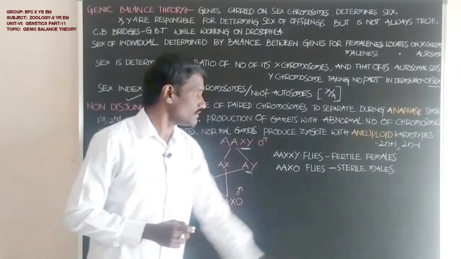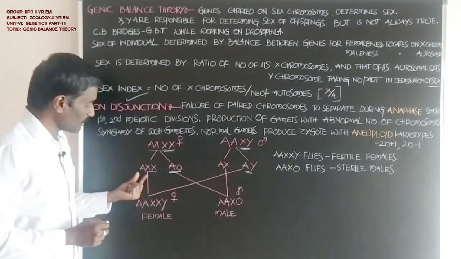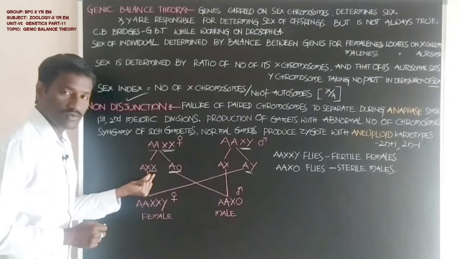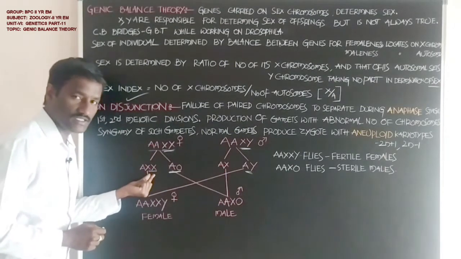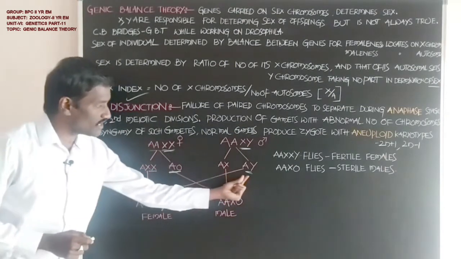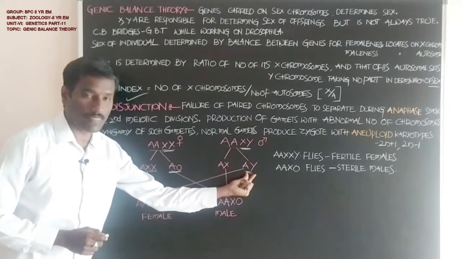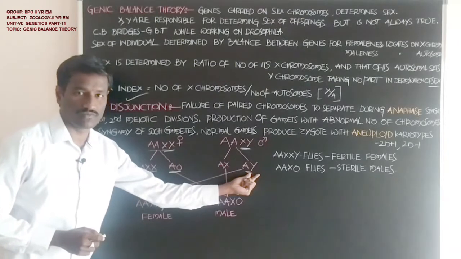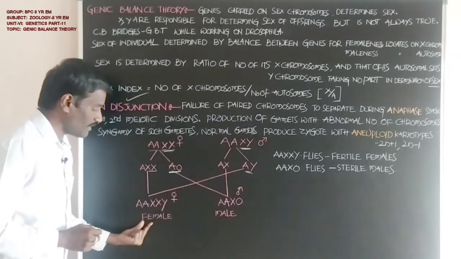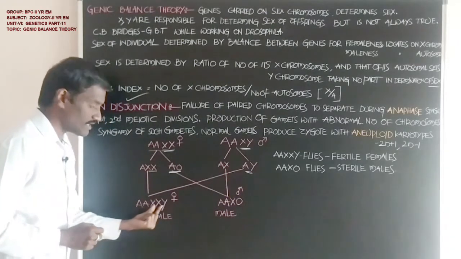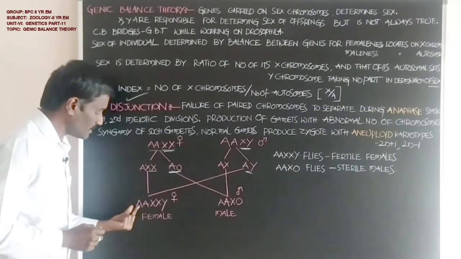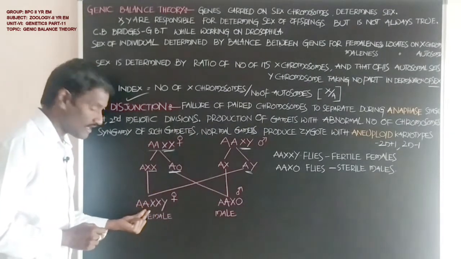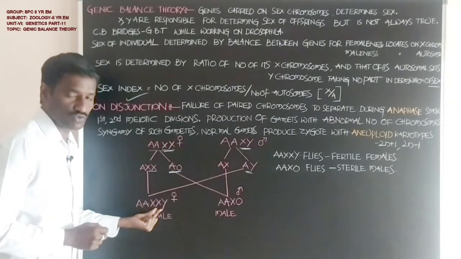Okay, students, in this case the AXX gamete, or egg cell, is fertilized by the AY sperm cell, the AY gamete. Student, the zygote receives AAXXY chromosomes.